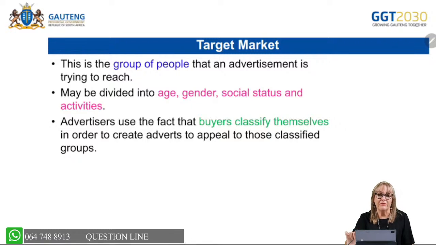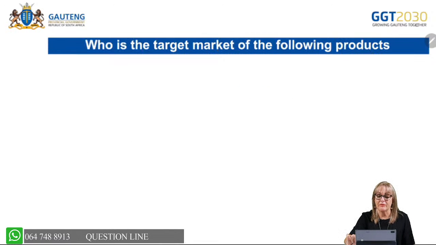They use the fact that buyers classify themselves as a certain person. Think of yourself. Would you regard yourself as a cool person? I think most teenagers think they're very cool. So if an advertisement of clothing appeals to the coolness of a teenager, then it would convince you to purchase it. And that is how cleverly advertisers work.